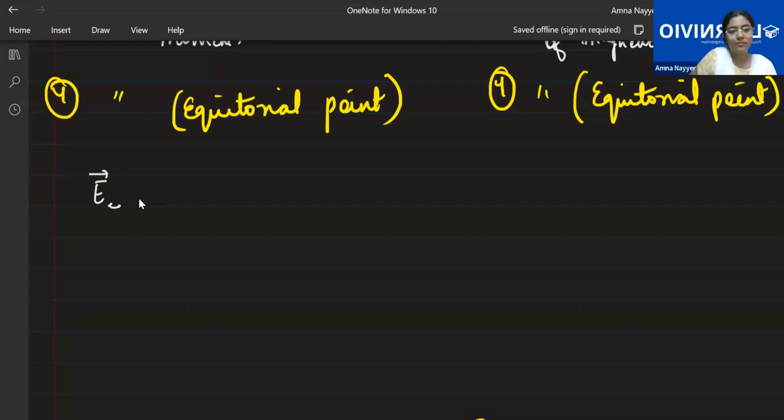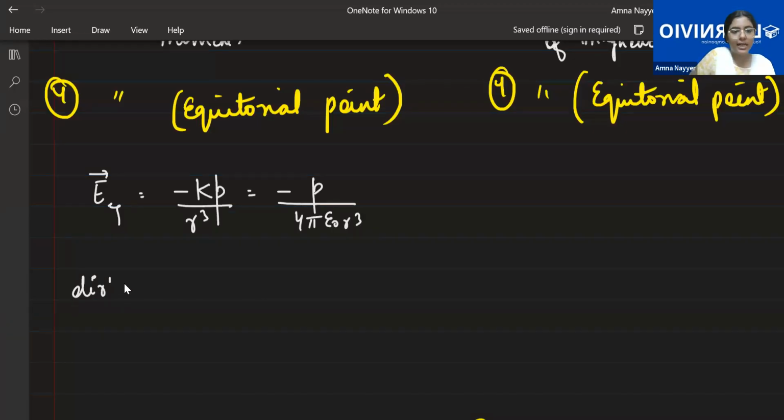Minus KP by R cube. This can be written as minus P by 4 pi epsilon naught R cube. Right? And when we are talking about the direction, this is opposite to that of the dipole moment.